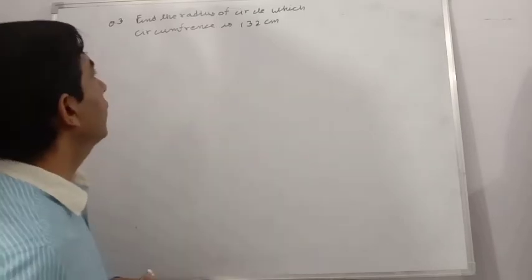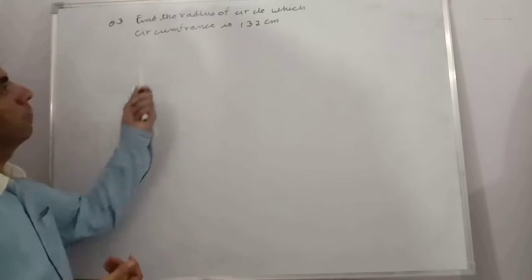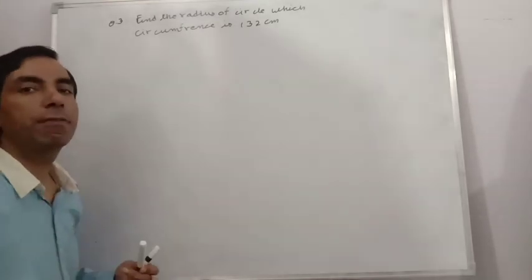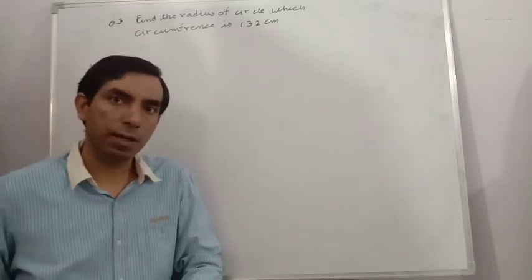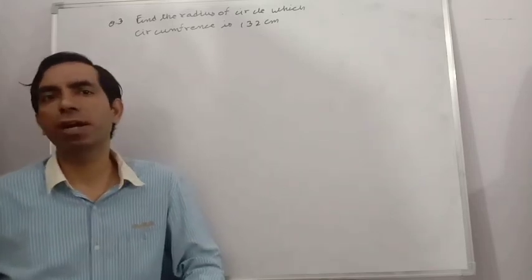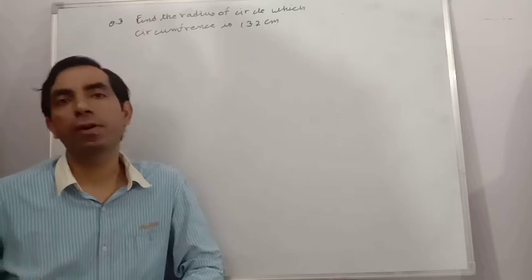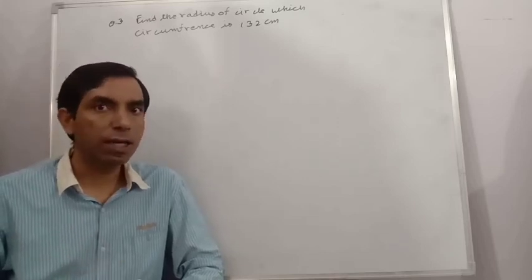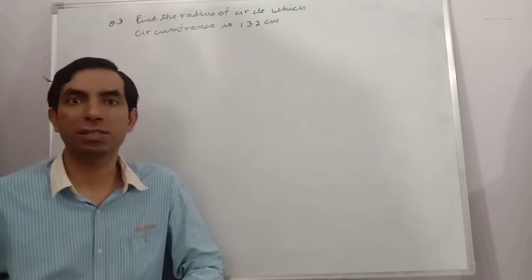Here it is given: find the radius of the circle whose circumference is 132 centimeter. Here the circumference of the circle is already given. In previous videos many times I said that if something is given and it has a formula, then always use the formula first.